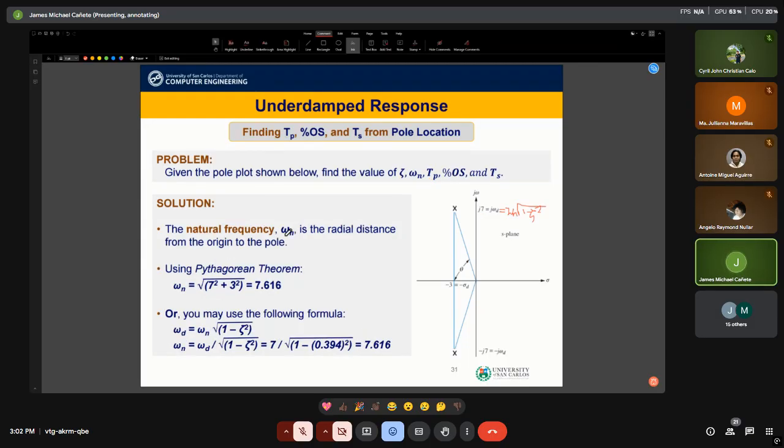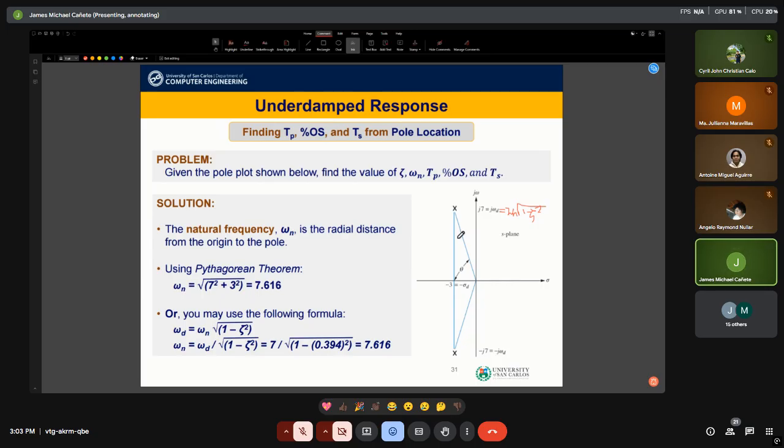Next is we solve for omega sub n. The relationship for that we had was, you can use the formula, or you can use the Pythagorean theorem. So omega sub n is actually this distance, distance from the origin to the pole.